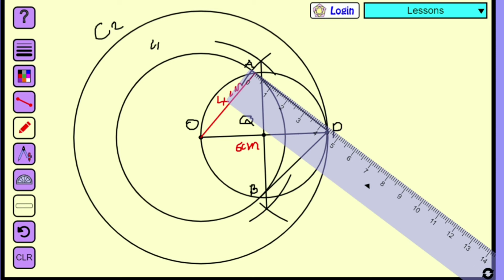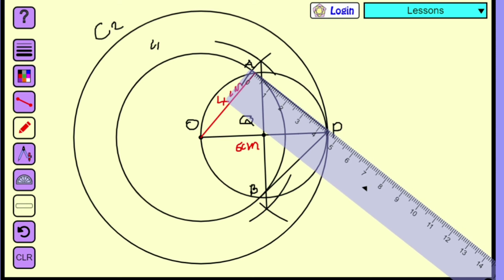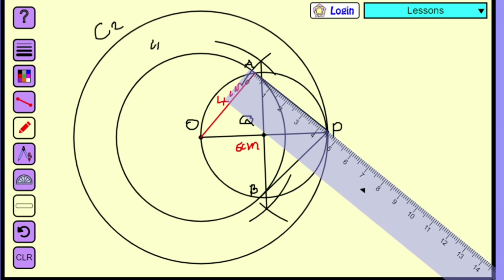It is coming to 4.4, 4.5. The length of AP is 4.5.